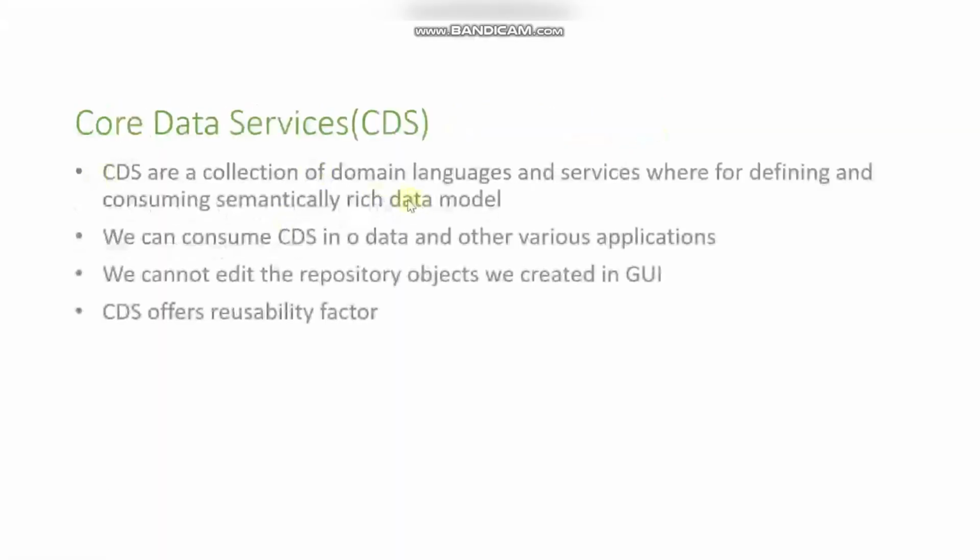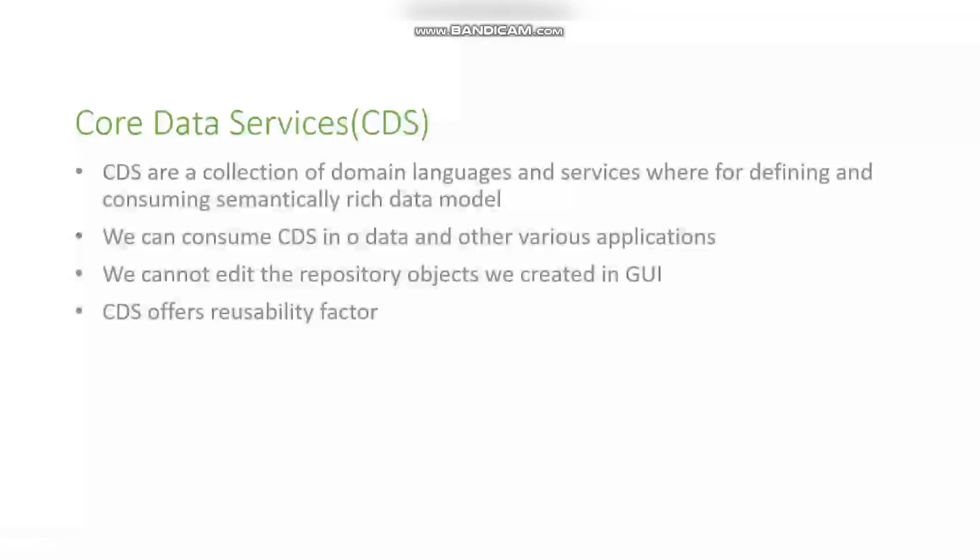CDS is Core Data Services. If you see the definition of CDS, it is a collection of the languages we have discussed earlier, where the services and languages are clubbed together so that we can define and consume these views in a semantically rich data model.